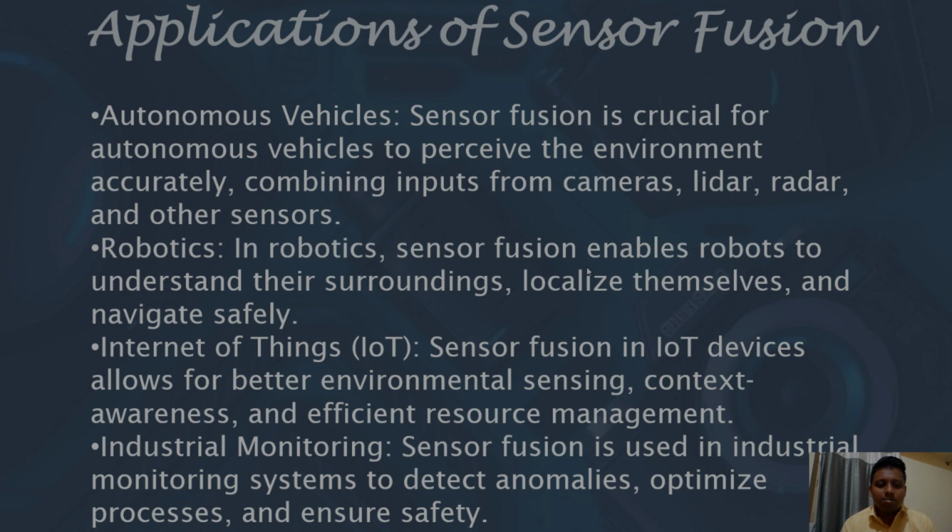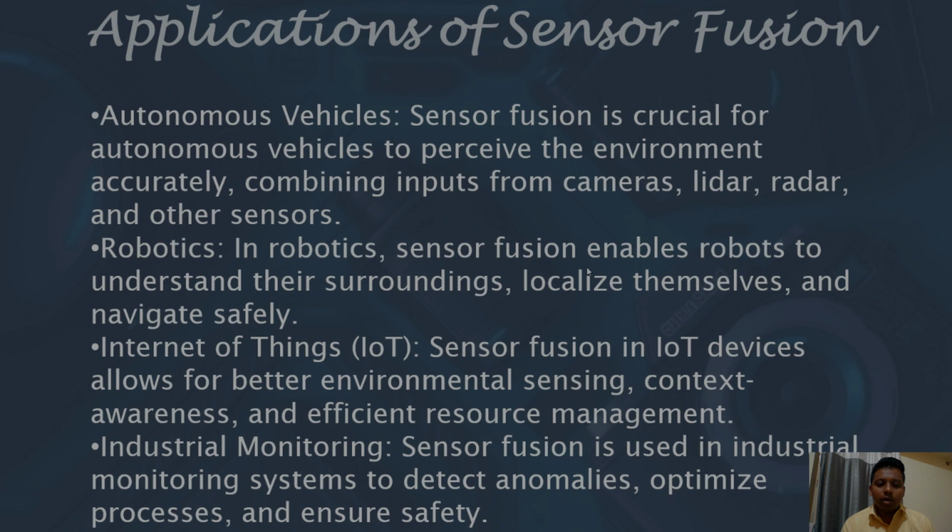These sensors help with the safety of vehicles and also improve the vehicle's quality. Next is robotics. The sensor fusion placed in the embedded systems used in robotics is used for locating themselves and safe navigation. These embedded systems are the most important part of robotics.